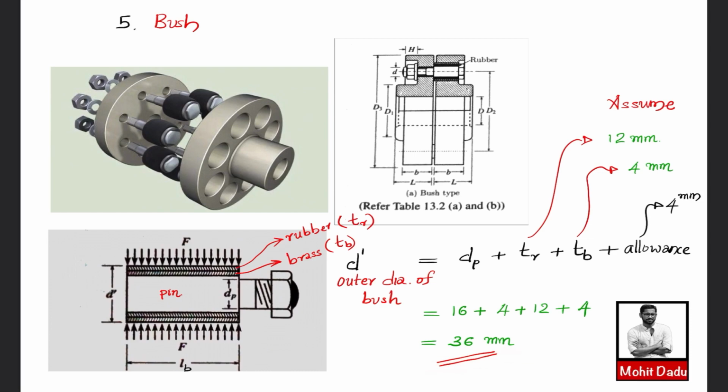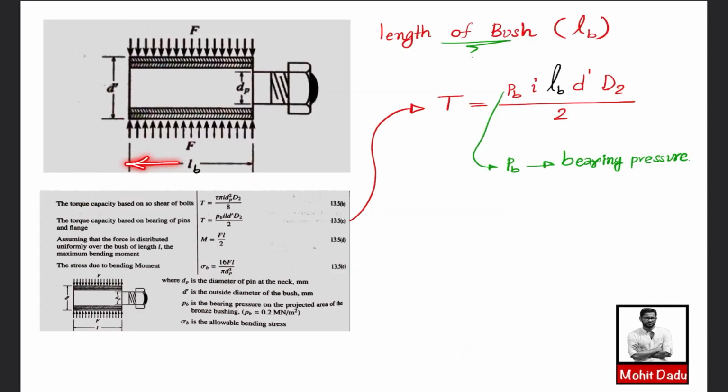Next we will be finding the length of the bush required. That means this dimension, lb, we will be evaluating. For this we have an equation given in 13.5 C, where the torque is equal to this quantity. pb is known as the bearing pressure. This is the force transmitted during the power transmission between these flanges, and its distribution is known as the bearing pressure.